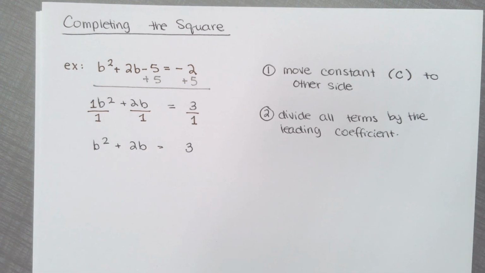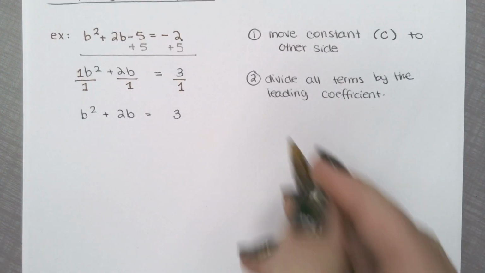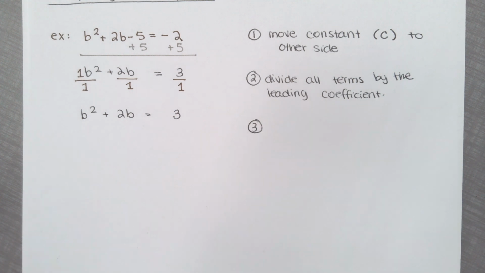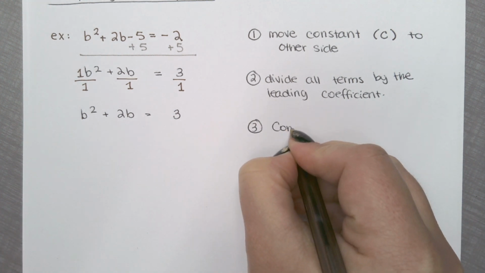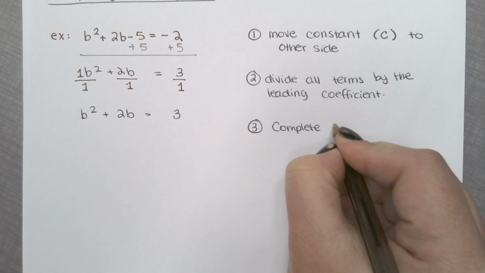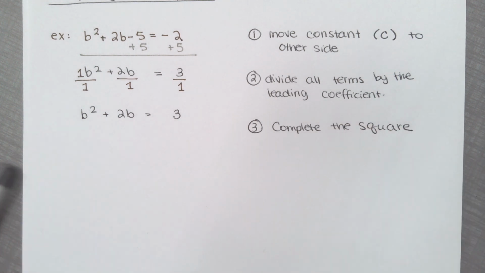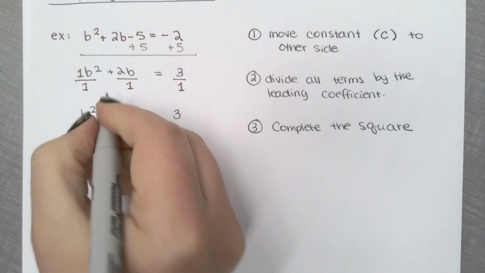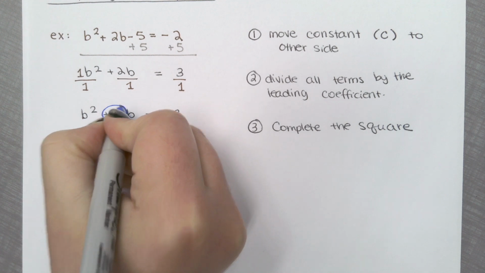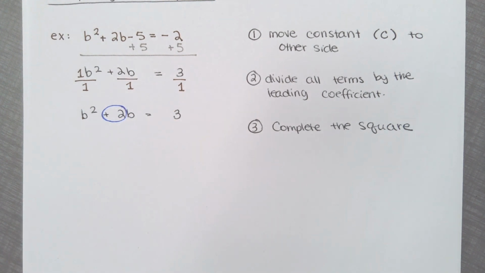Now step number 3 is where you're going to be completing the square. To complete the square, you're going to circle your b value with the symbol. Remember how we were talking yesterday? Arrows are actually important because it helps organize your thoughts.